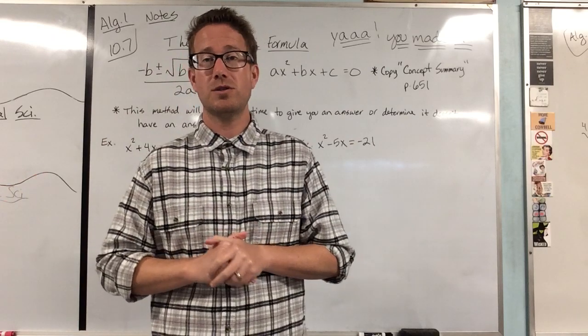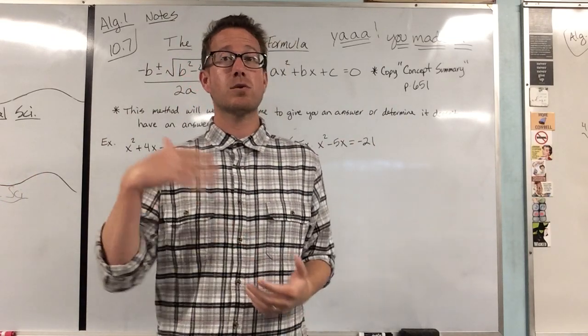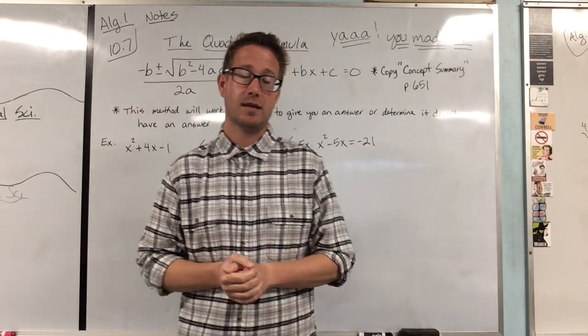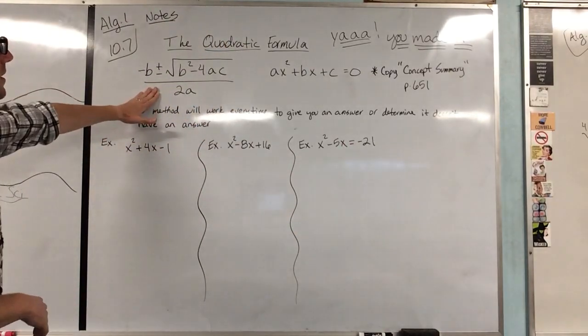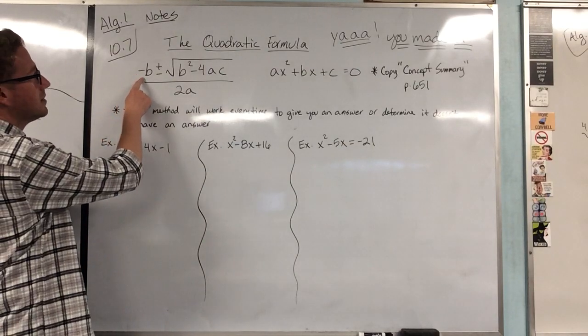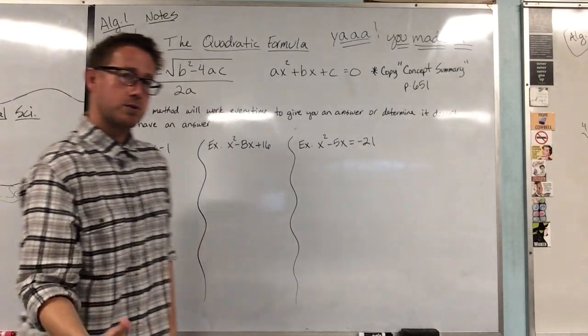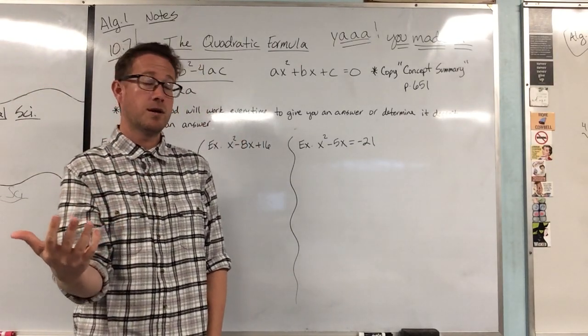It's going to guarantee either showing you what the answer is or proving out that there is no solution, if that may be the case for a specific problem. So this is it, guys, right here. The magical quadratic formula. It is negative b plus or minus. You guys remember that with square roots, we always have to show the positive or the negative value, because in a square root you're not sure.